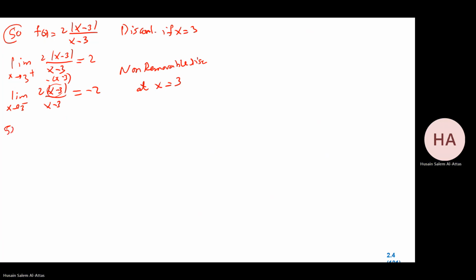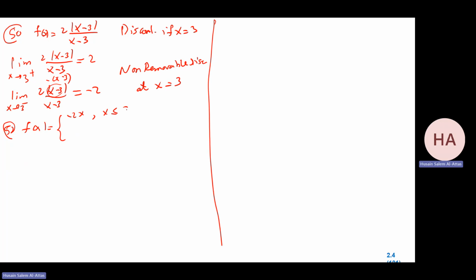52. F of x equal minus 2x if x is less than or equal to 2. X squared minus 4x plus 1 if x greater than 2. Here everything is continuous, just we need to care about 2. So check the limit as x goes to 2 from right of minus 2x, that is minus 4.